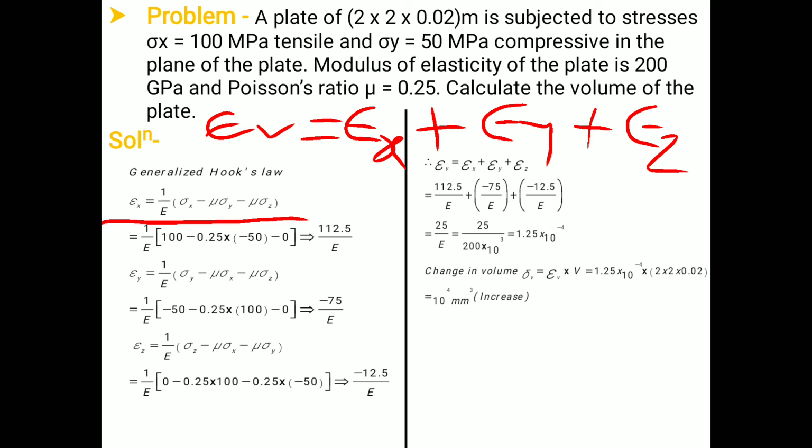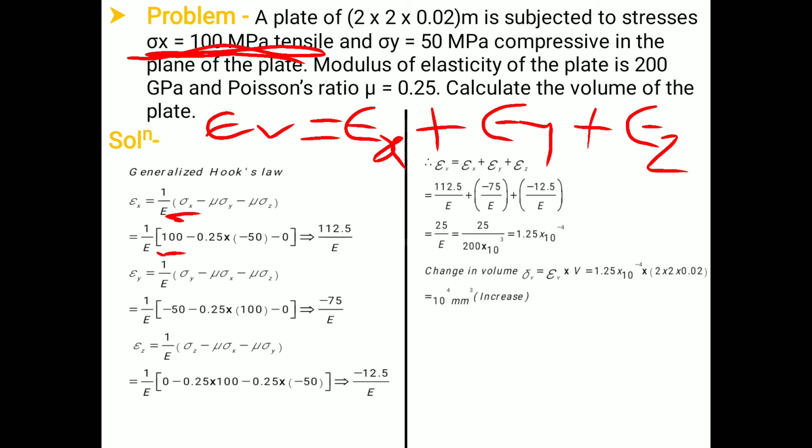Now the value of E is 200 GPa, that value we are going to put. The value of sigma x which is given in the numerical is 100 MPa which is tensile in nature, therefore this value of sigma x is 100 MPa which is positive, because we have considered tensile stress or tensile force as a positive one and the compressive force as a negative one. Therefore, we have sigma x is equal to 100 MPa.